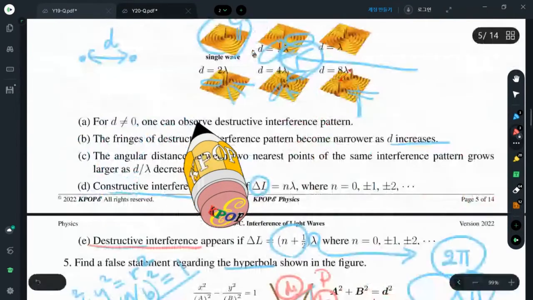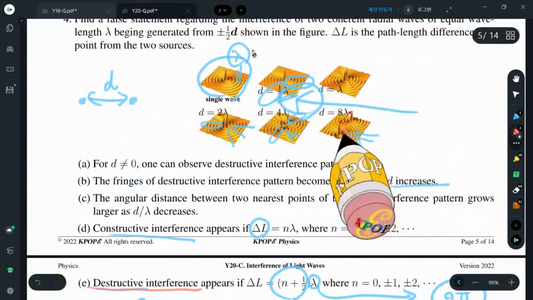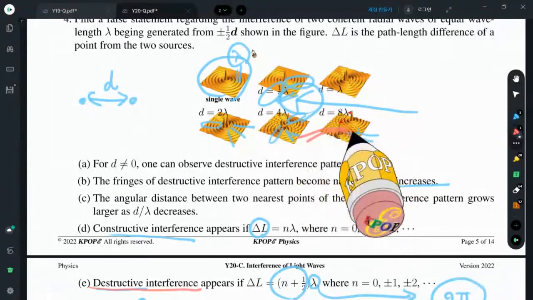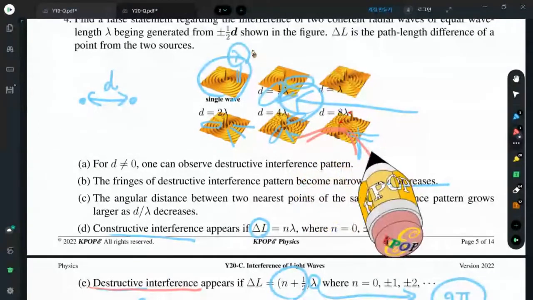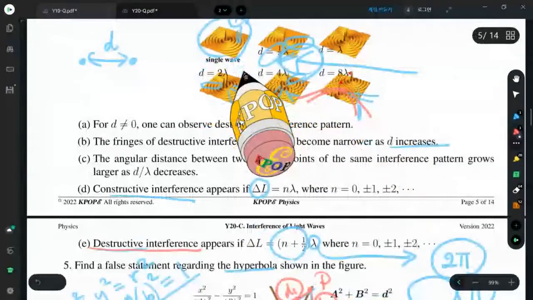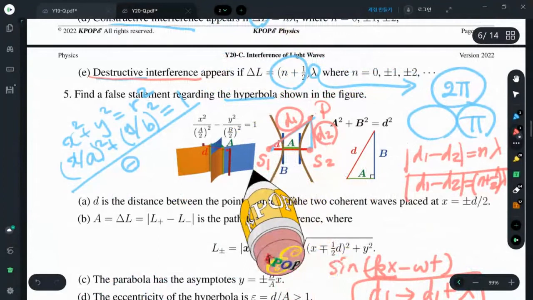Okay, that's the reason why there are many curves. Some of them are constructive interference, some of them are destructive interference. Okay, among them, we choose a single one.